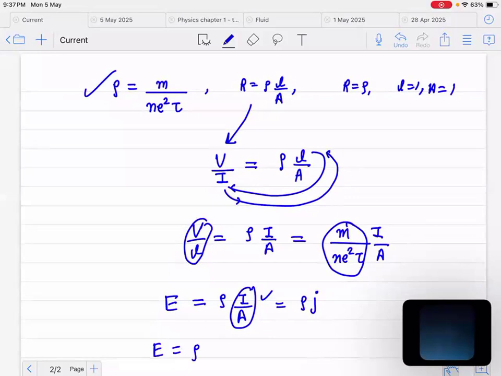See, the use of current density is here because electric field is a vector quantity, and so current density should also be a vector quantity.